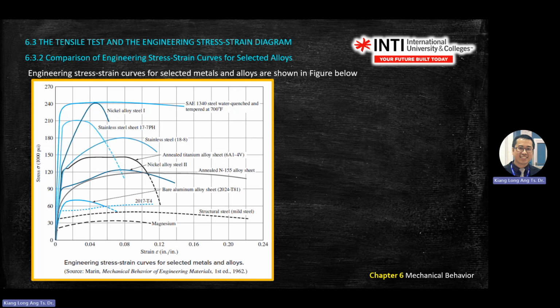You take one material to compare if you want to use brittle and ductile. You can take any from here. Let's say you compare with SAE 1340. You see, almost the same value with the UTS as the SAE 1340, but the curve is different.